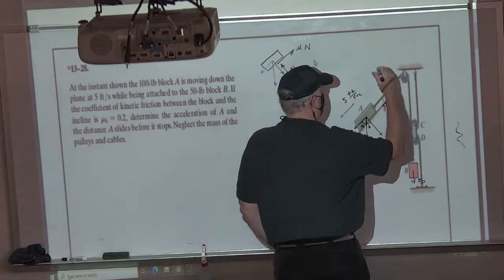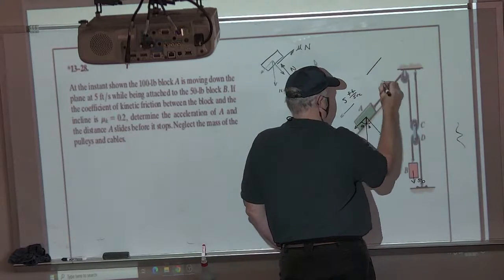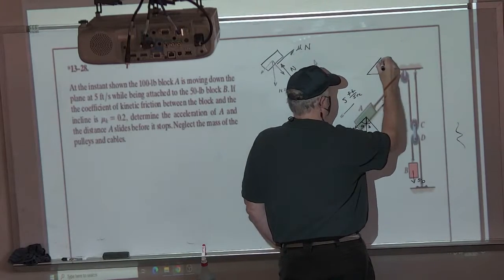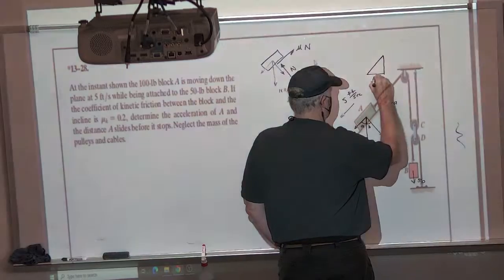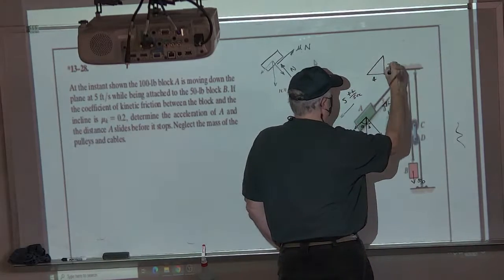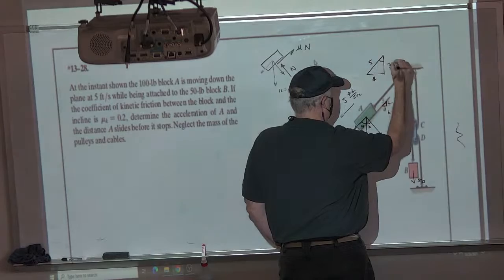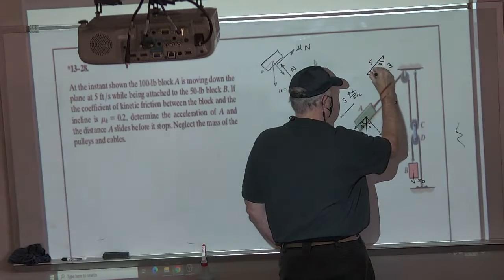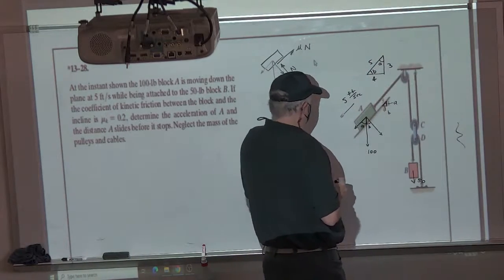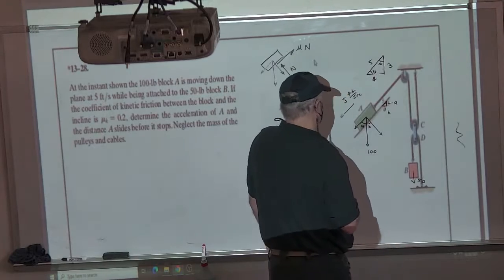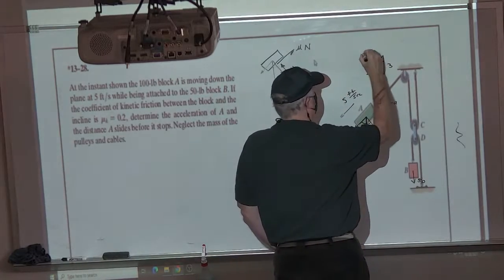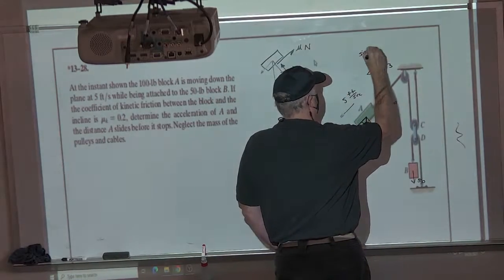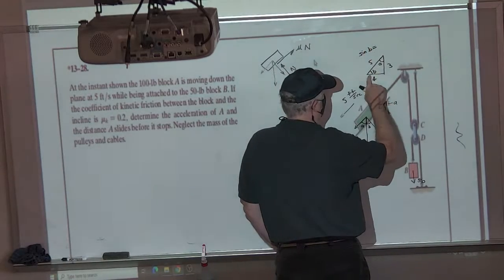So let me zoom in on this. 4, 3, 5. This is angle A. This is angle B. I don't know which side you want to work off of. I'll just pick B. So the sine of B is equal to 3/5.